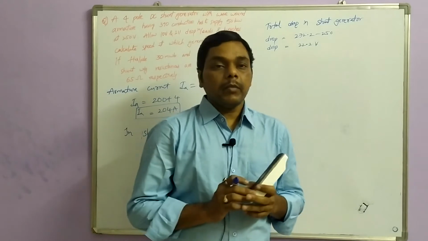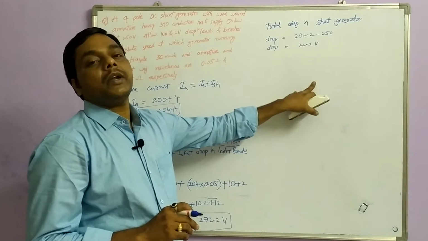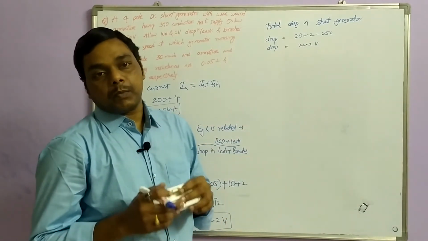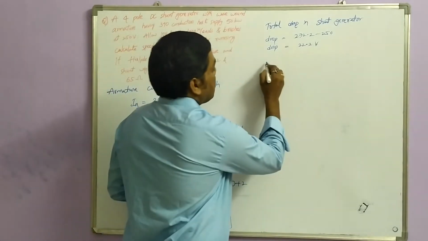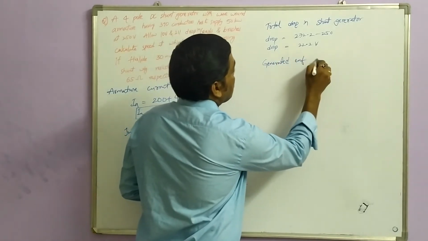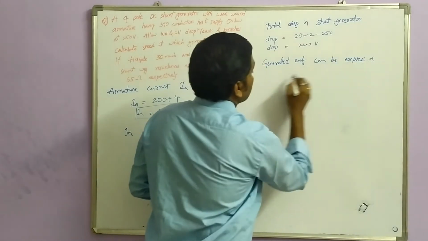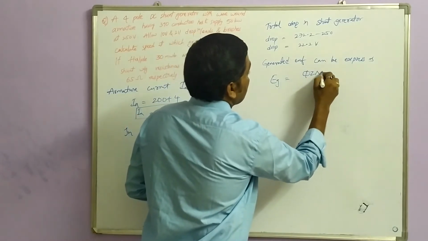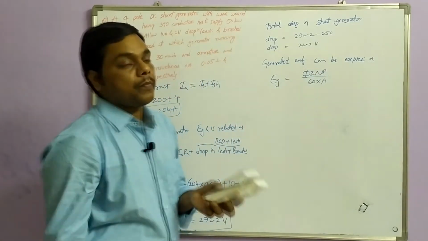We have the generated EMF, so we will equate it to the formula in terms of flux, speed, poles and number of parallel paths. So right here the generated EMF can be expressed as EG is equal to phi Z N P by 60 A.